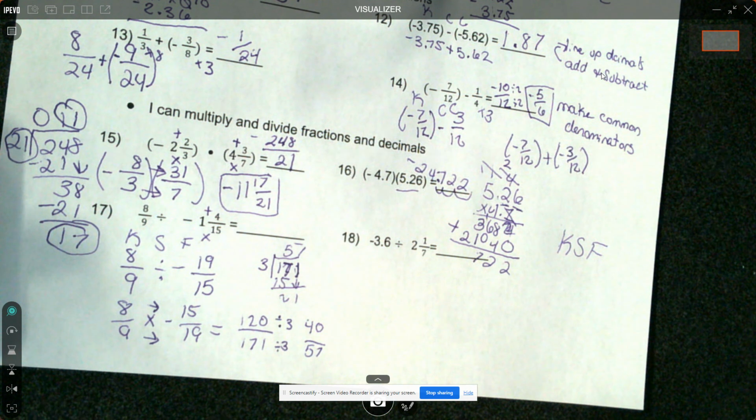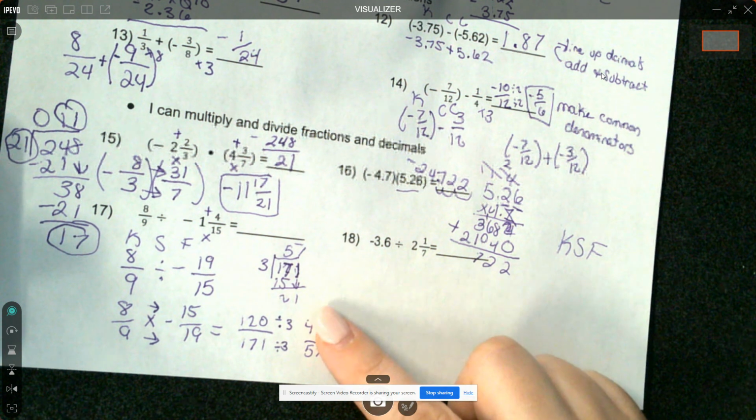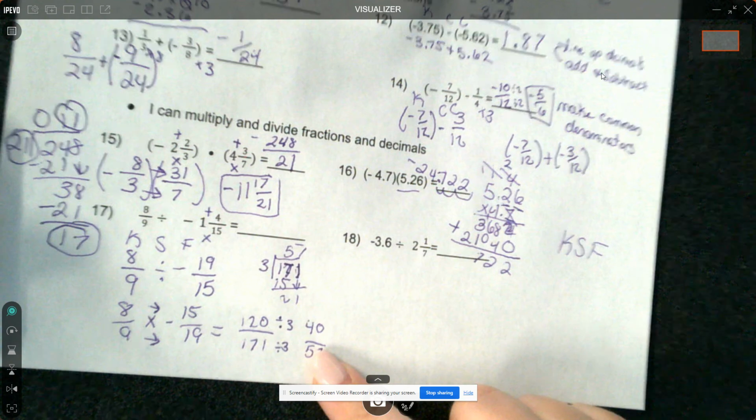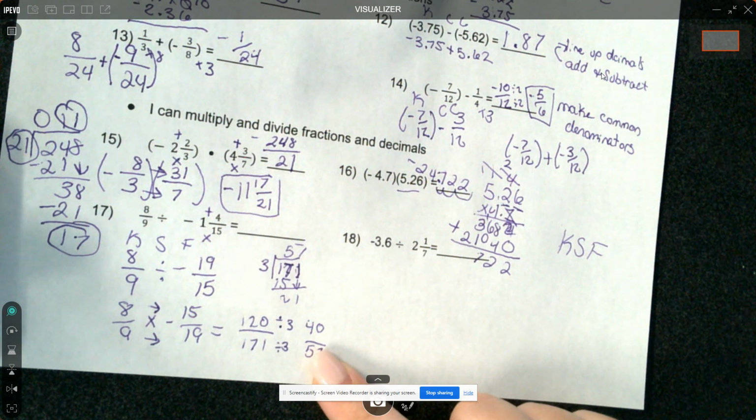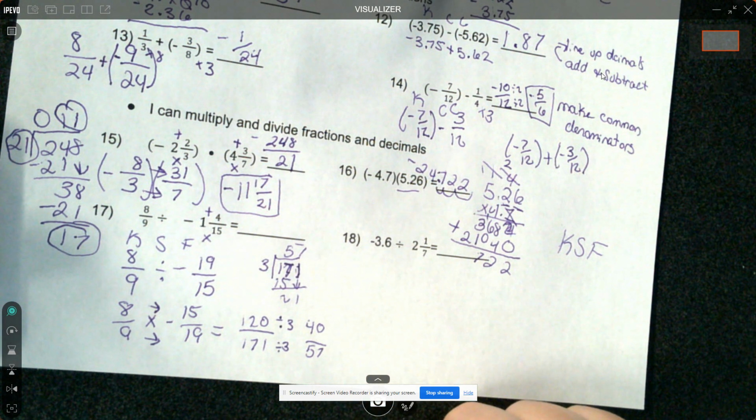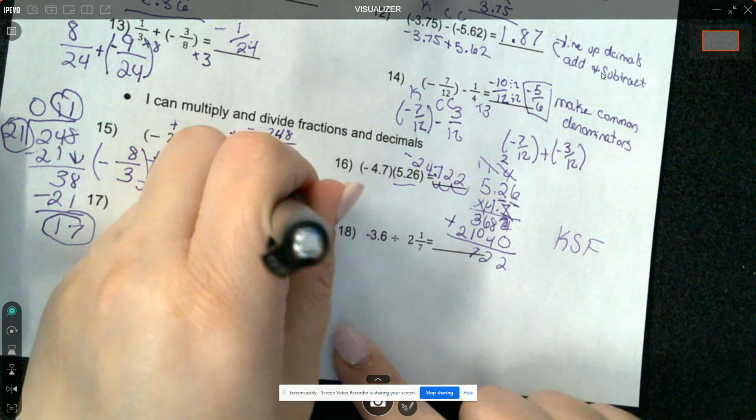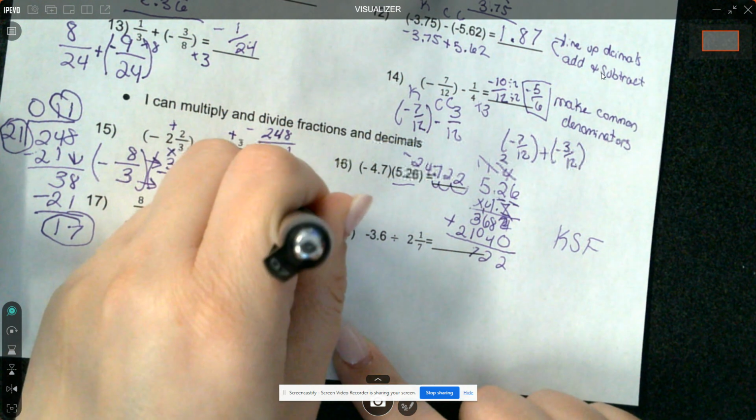We don't even have 3 digits, but I know 8 goes into 40, but it doesn't go into 57. 9, I don't think it goes any smaller. Did any of you see something? So our final answer should be 40 over 57.